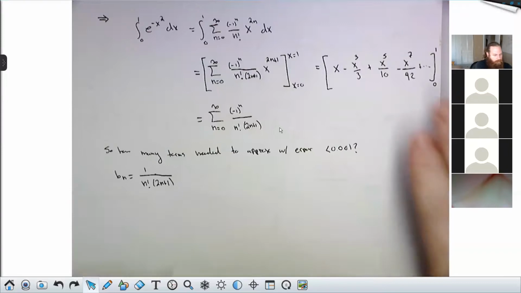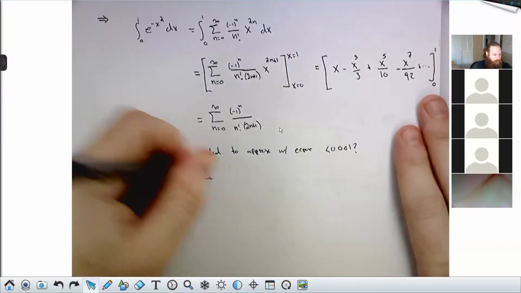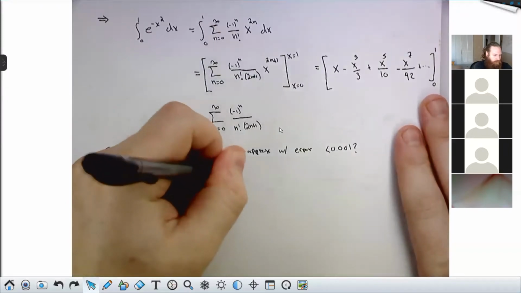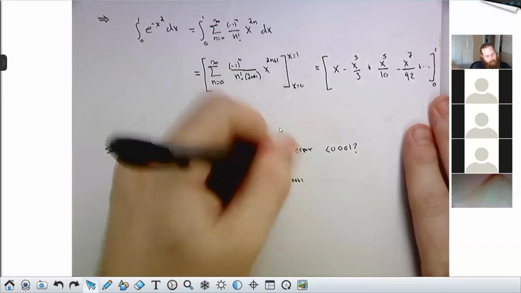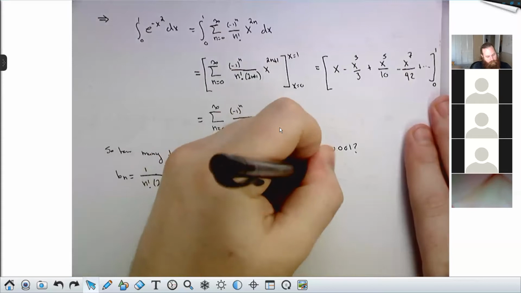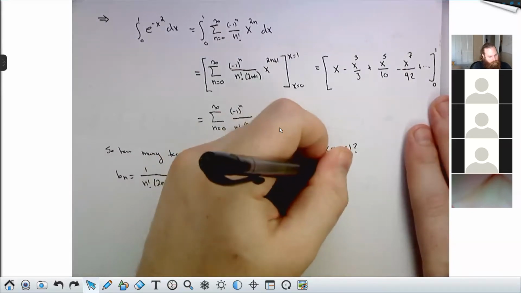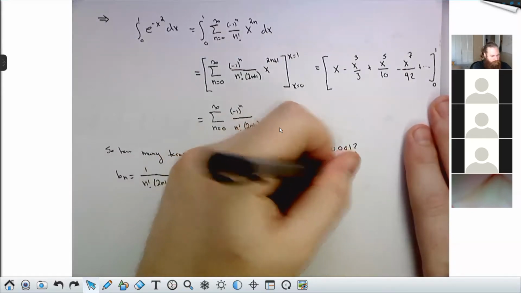So I need to solve the inequality b sub n plus 1 is less than 0.001.